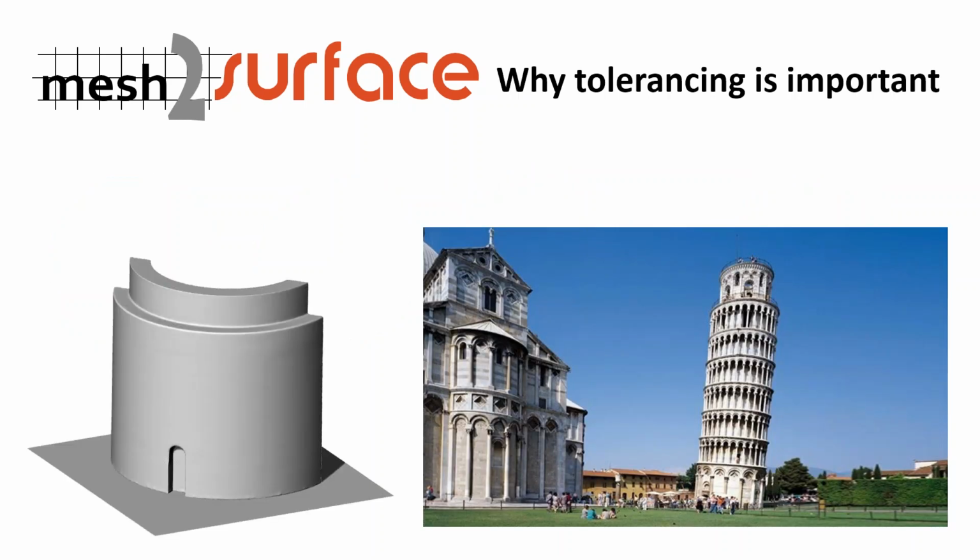Why is it so important? Well, if you see the object on the left side, it's a mechanical part, and of course we can define the bottom plane by picking just 3 points. In any software, mathematically, we only need 3 points, but is it actually correct? If you don't define your shapes properly, you may end up like in the picture on the right.